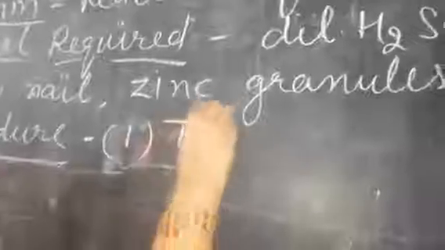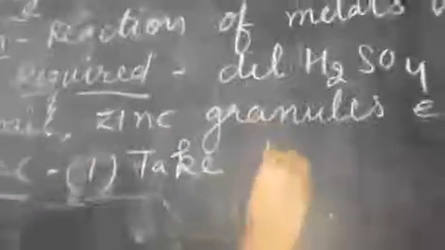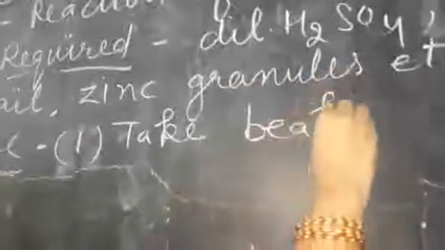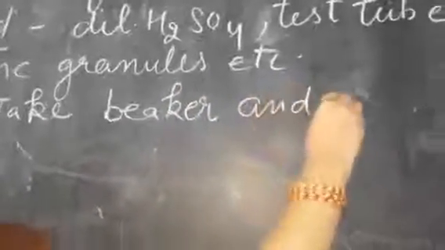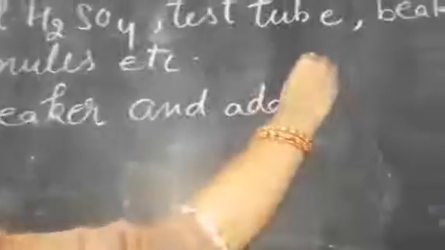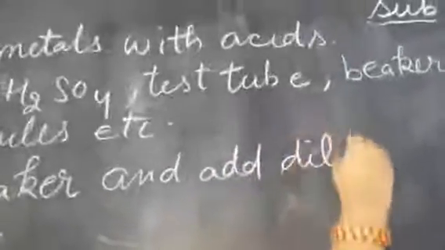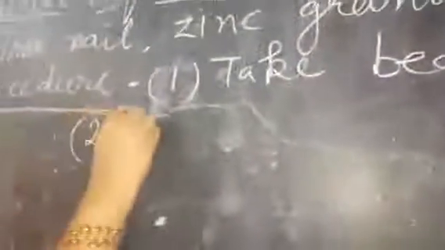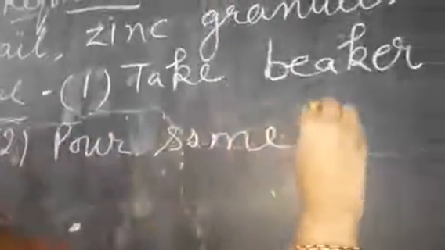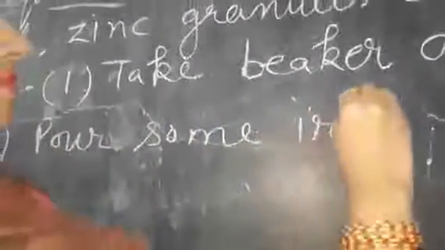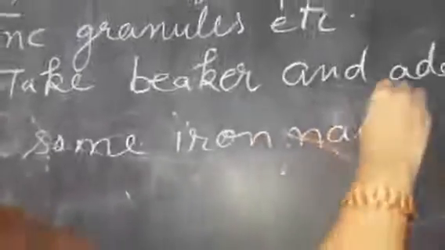So first of all, we take a beaker or test tube and add dilute H2SO4 sulfuric acid. Pour some iron nails in it.